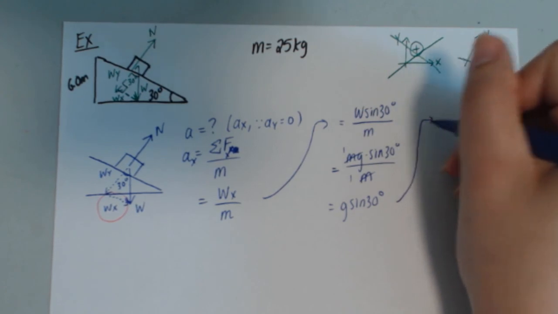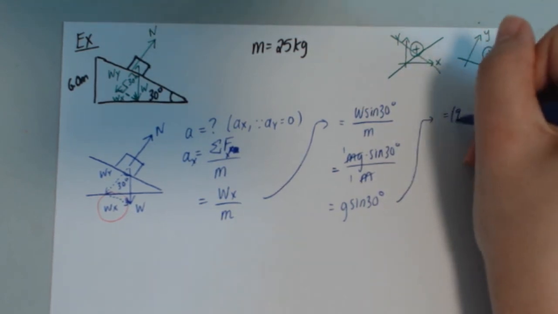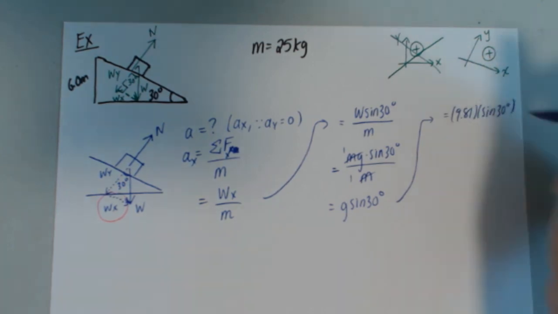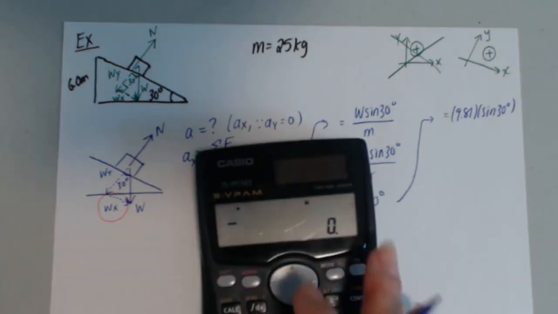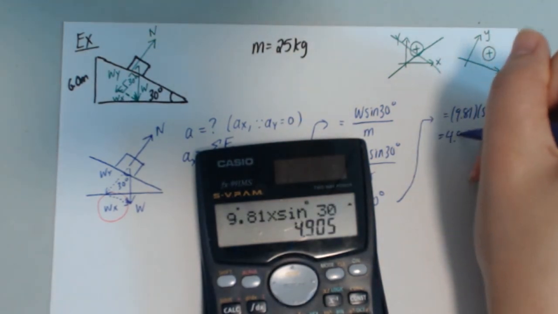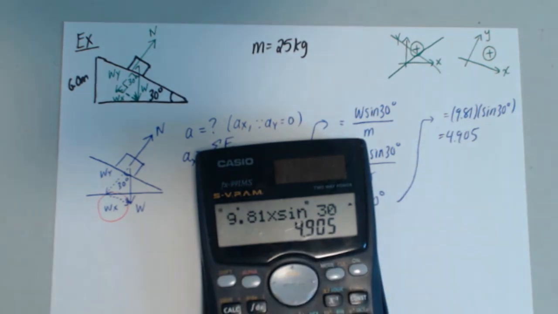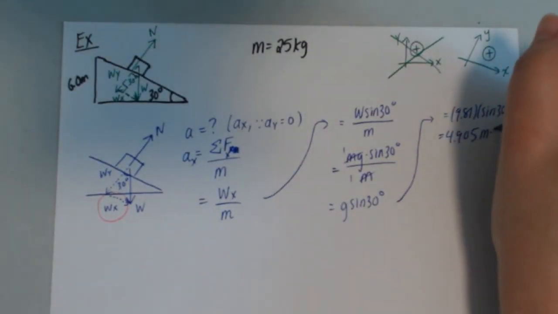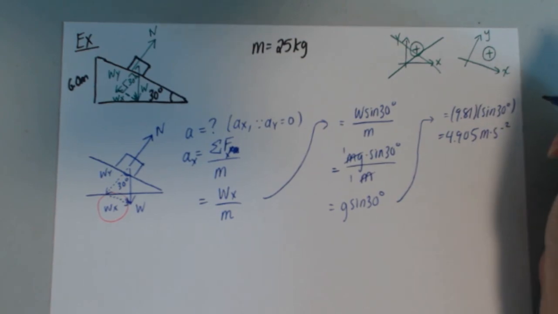G sine 30, so that's 9.81 times sine 30 degrees. So that's 4.905, and that's acceleration, so it's meters per second squared.